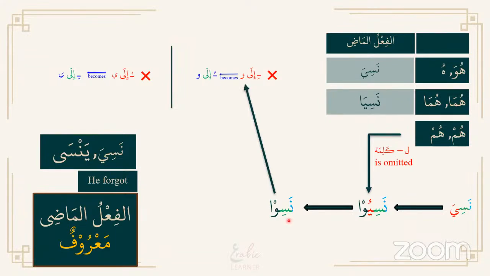So you will change the sign of seen to dhamma. So what is the product? Nasu. Is this clear? This is Nasu.